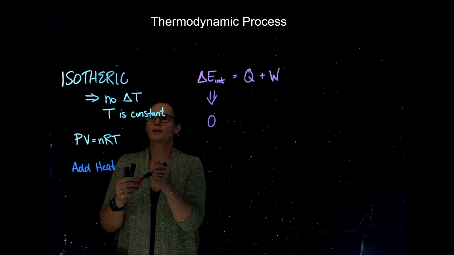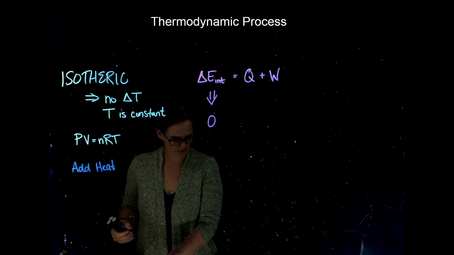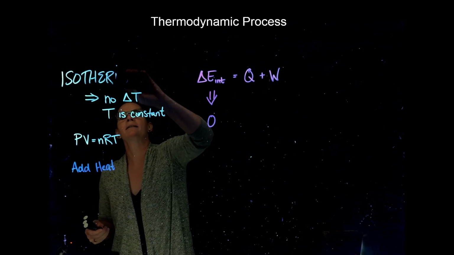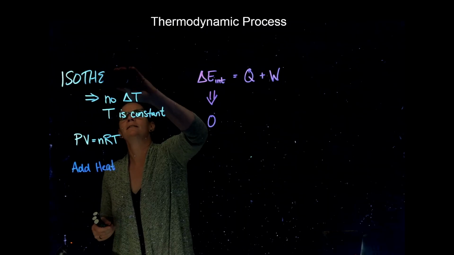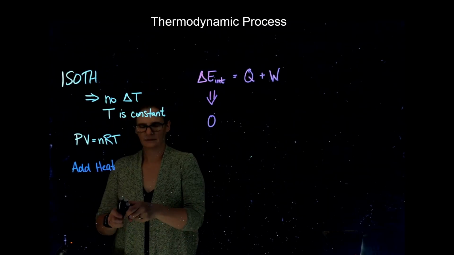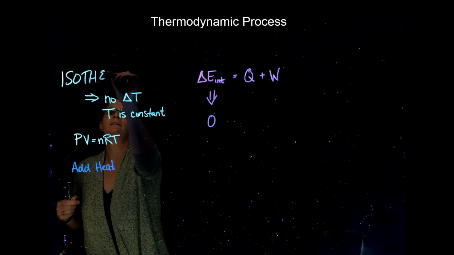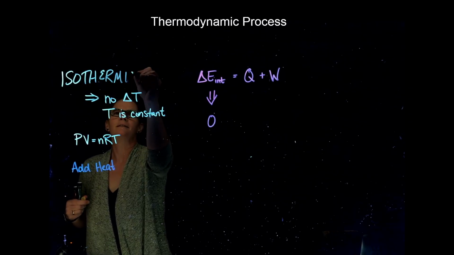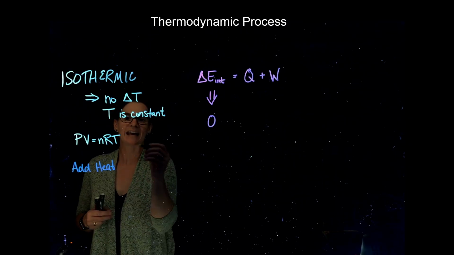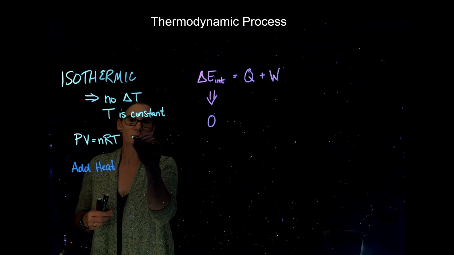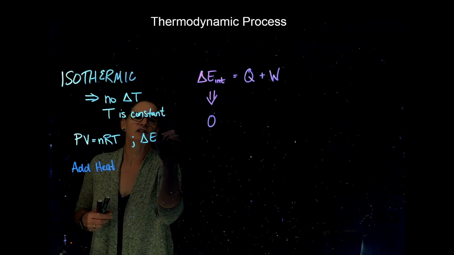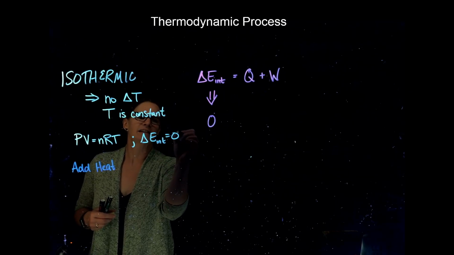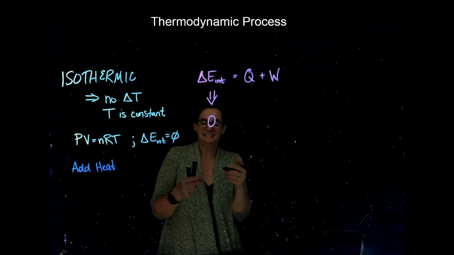So in an isothermic situation, our change in internal energy is going to equal 0. So what does that give us?